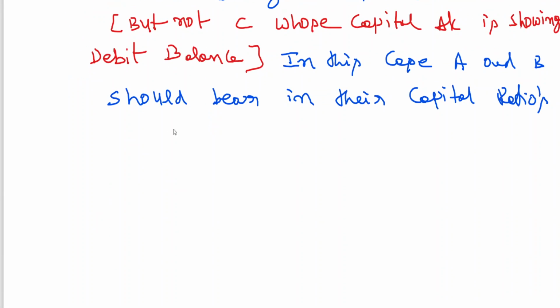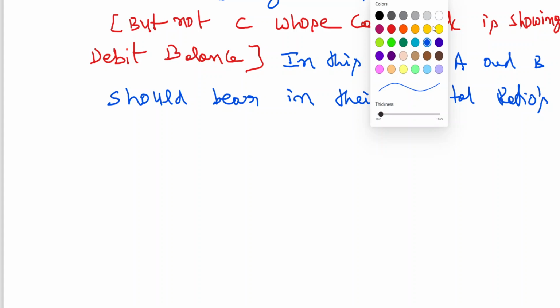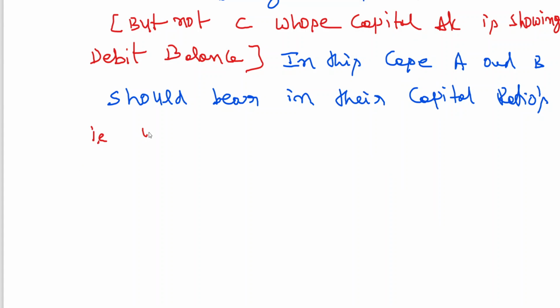In their capital ratio, that is 40,000 is to 20,000, or 2 is to 1.